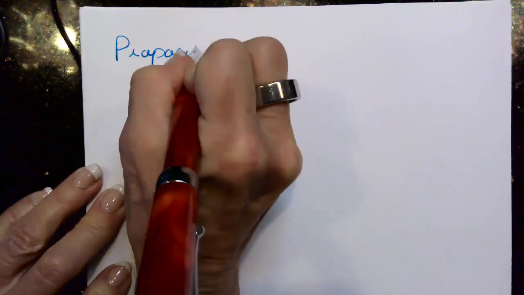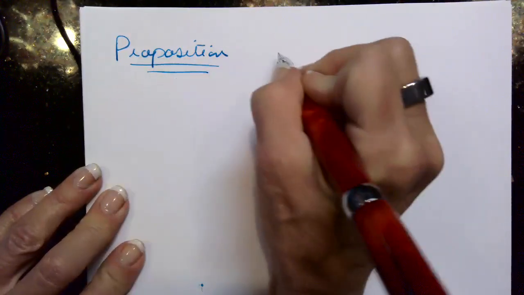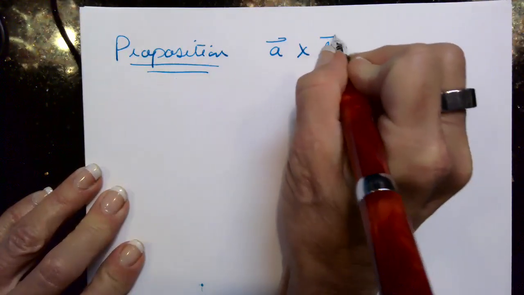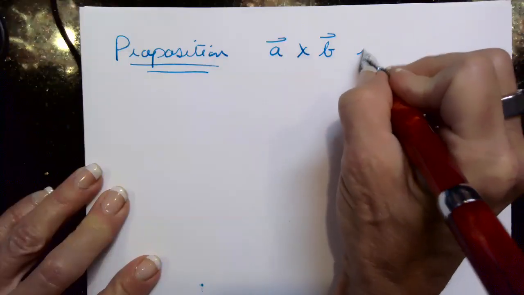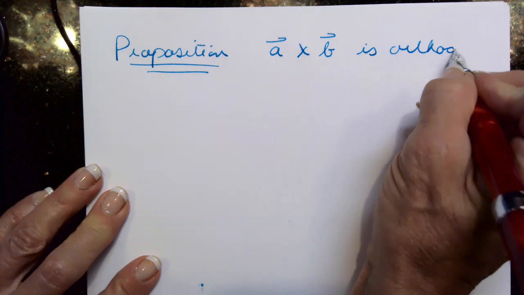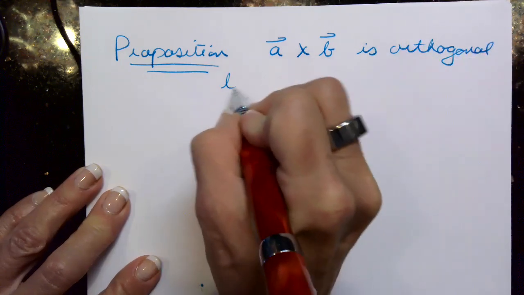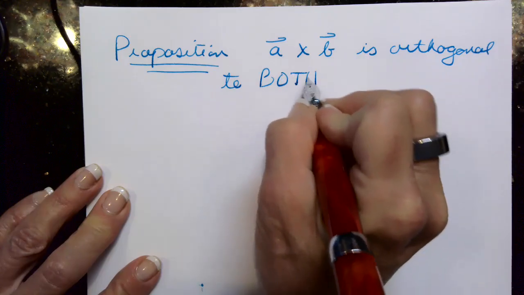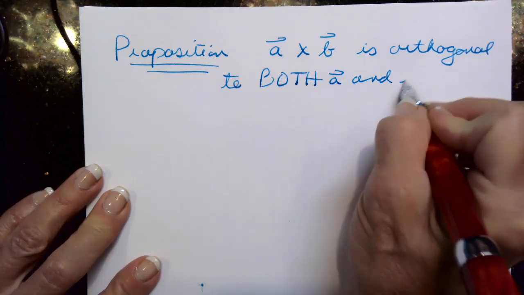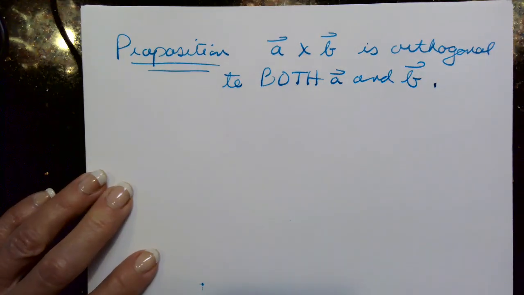One very important property that he failed to mention, let me call it a proposition: when you take the cross product of the vector A with B, this is orthogonal to both A and B. That's a very important property of cross product.